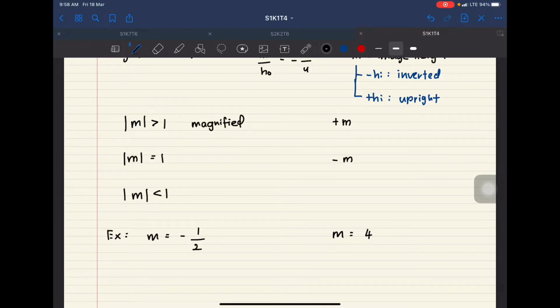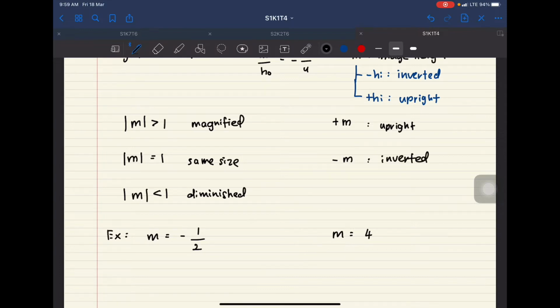If equal to 1, it's the same size. If less than 1, it means diminished. And positive m means upright, similar to the height of the image. If negative, inverted.